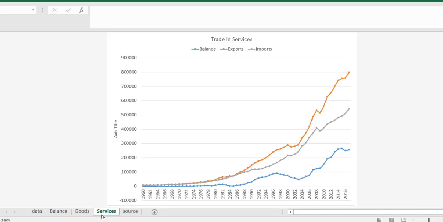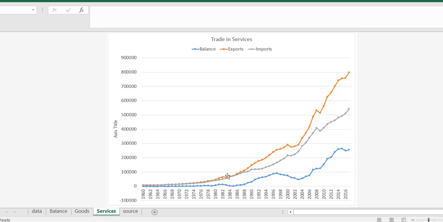Let's look at the behavior in services. So we have the blue line for the balance, the gray line for the imports of services, and the orange line for the exports of services. Note that we never exported so much of services. You see the differences in slope.